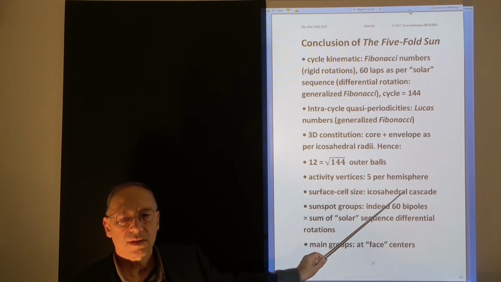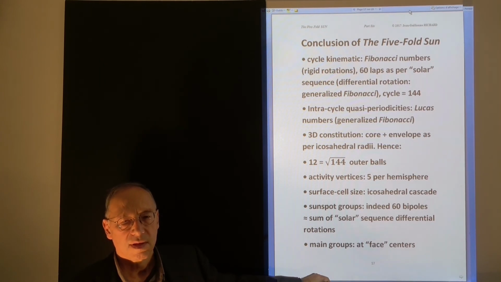In part 6, we found that at the surface of the Sun, the sizes of the surface cells correspond to a cascade which we can predict from an icosahedral dissection of the solar surface.